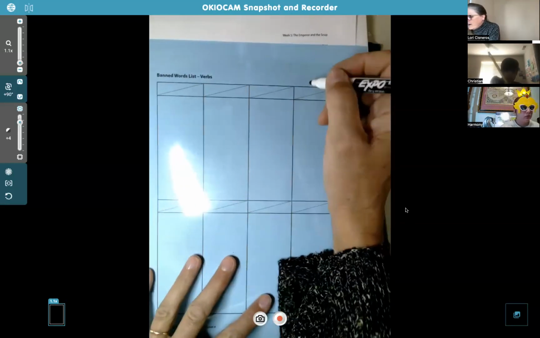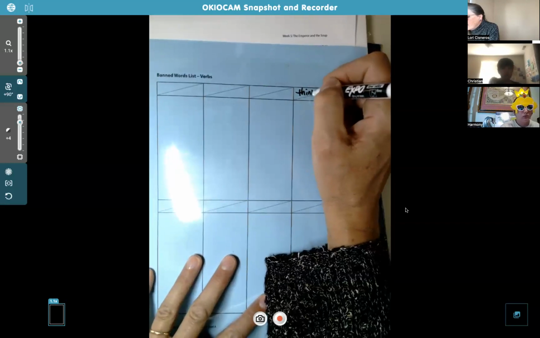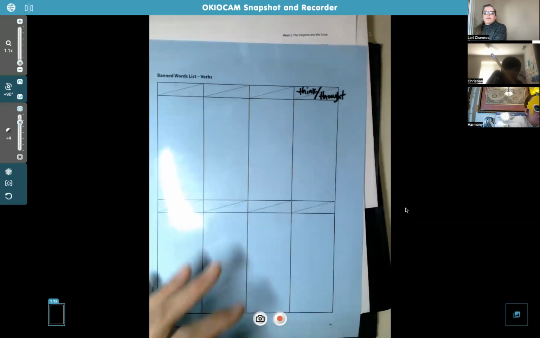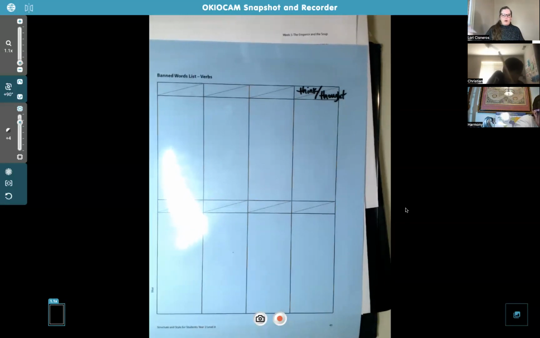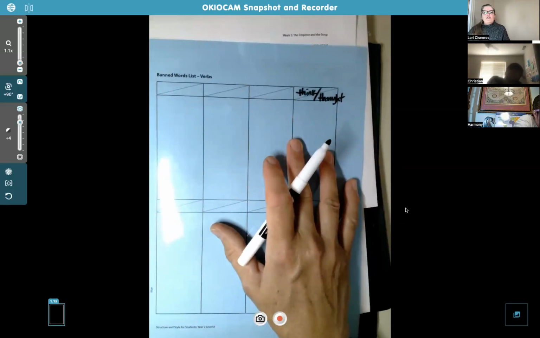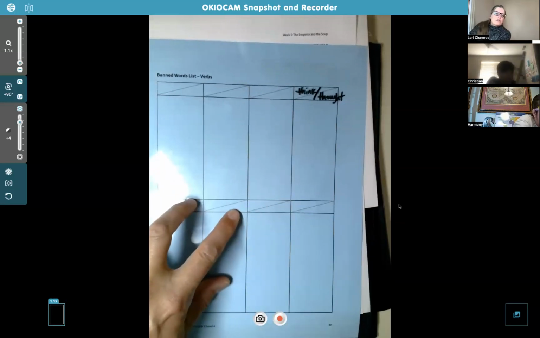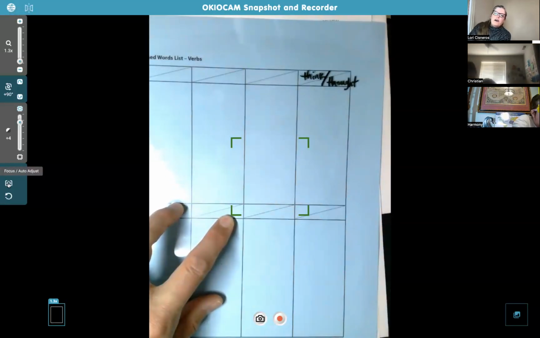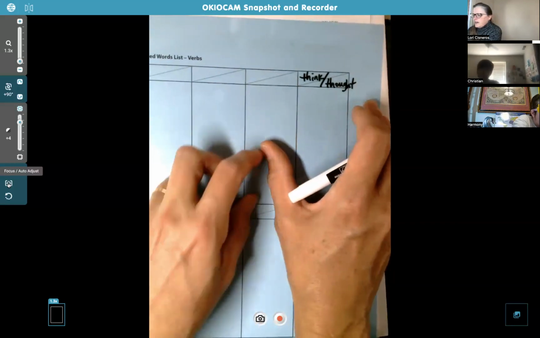Now we need to add here, think and thought. That's the next banned word, which makes it tricky, right? By the way, think, thought, let me zoom in a little so you can see it better here. That happens inside your head, right? Think, thought happens inside your head.